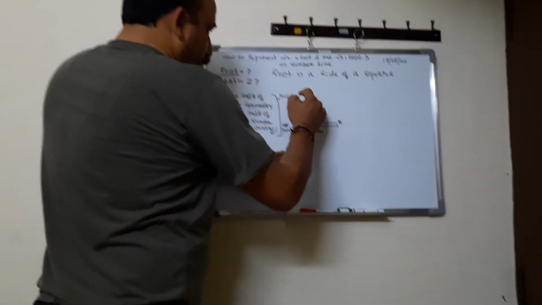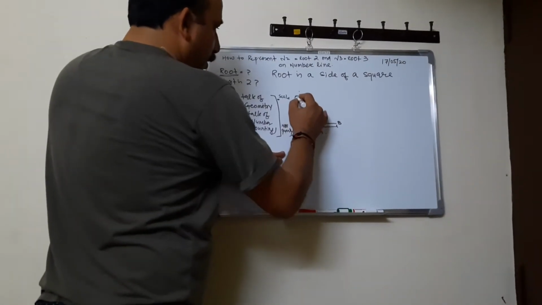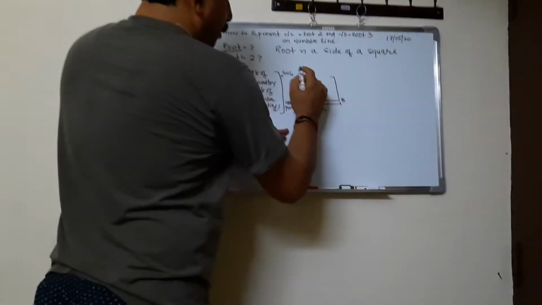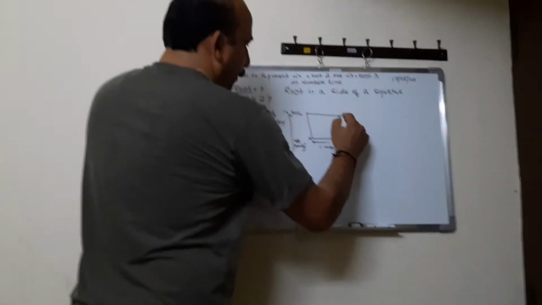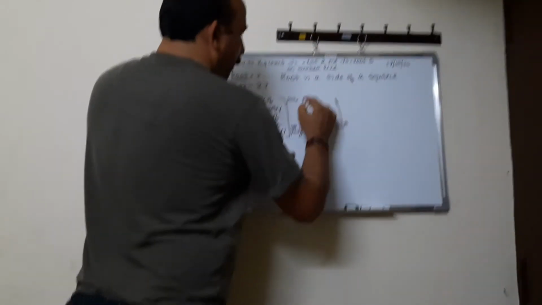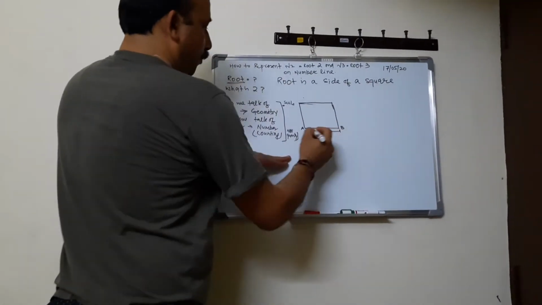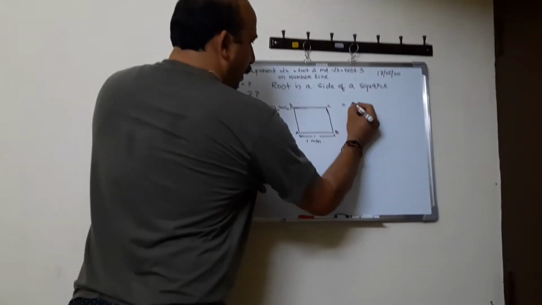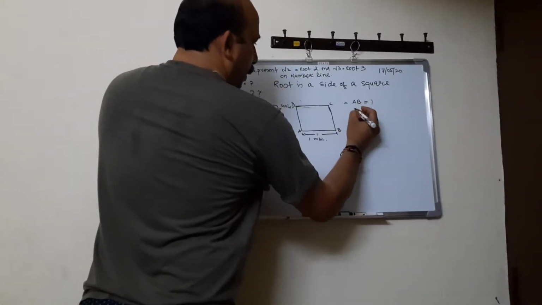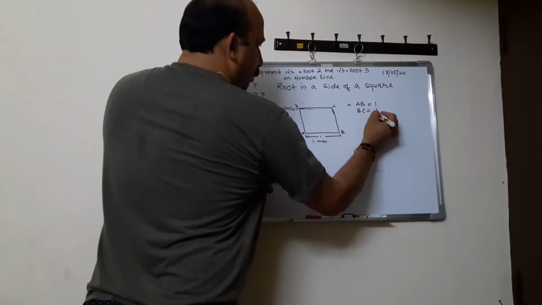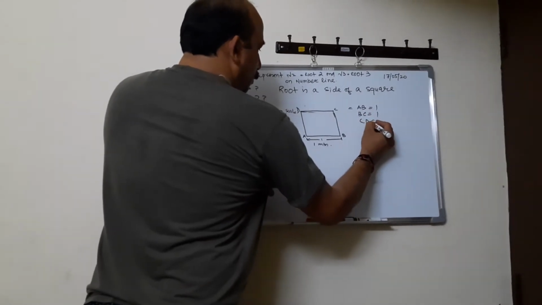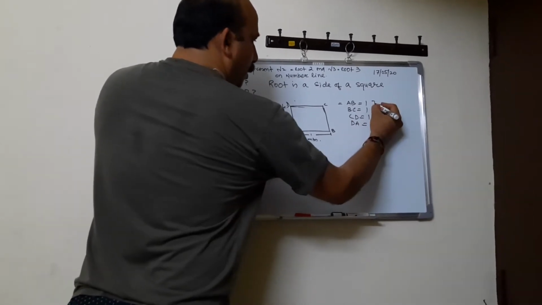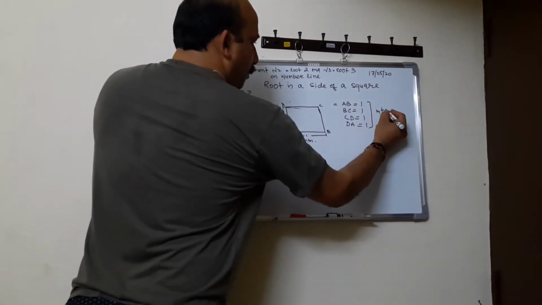And we know that a square has equal sides. And when they have equal sides, that means the measure of each side must be equal. So if we make a square A, B, C and D, we say AB is equal to 1, BC is equal to 1, CD is equal to 1 and DA is equal to 1, and all are in meters.